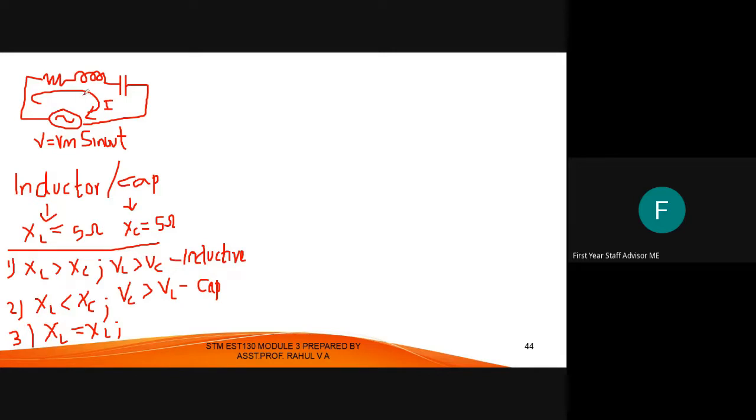Although we have three components, inductor, capacitor and resistor, the circuit behaves like a resistive circuit only. We have studied the analysis of a pure resistor in an AC circuit, so similar to that, it will behave like a pure resistor circuit.